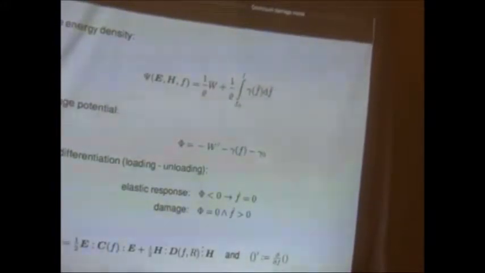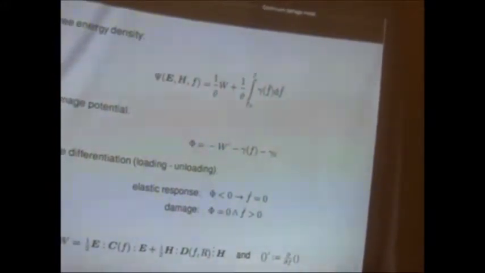Now we can apply the usual formalism from thermodynamics of internal variables. We define a free energy density, which depends on strain gradients and void volume fraction, introducing a variable gamma to take into account the hardening behavior. In addition, we define a damage potential, and similar to what we use in plasticity, we have a case differentiation between loading and unloading.